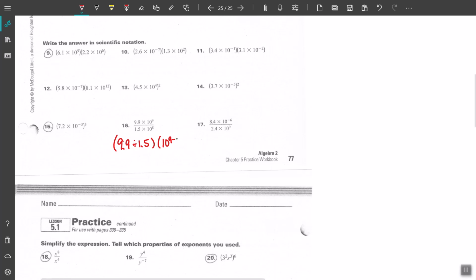The bases have to be the same, rewrite the base, and then you're going to subtract those exponents. So we're actually dividing out the decimal portions, which makes sense. I mean, we don't have anything else to do with that part. We get 6.6, which is great. That means that that part of the number is already in scientific notation, so we're not going to have to do any rewriting there. And then we're going to multiply that by 10 to the first.